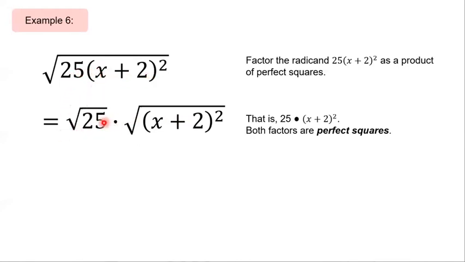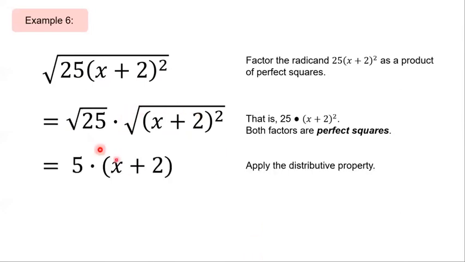Kaya dito sa next line natin, separate lang natin sila and then in-enclose sa kanya-kanyang square roots. The square root of 25 is 5 and the square root of the square of x plus 2 is x plus 2. Naalala nyo yung lesson natin? Kapag magkapareho yung index and yung exponent, cancel lang, kaya naging x plus 2 na lang to.